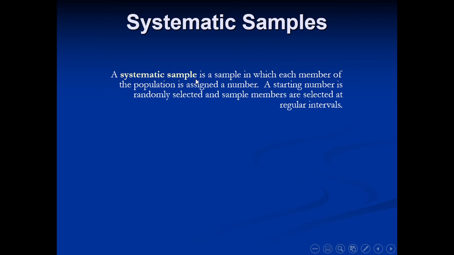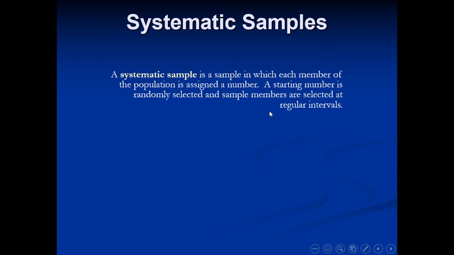Now systematic sample. A systematic sample is a sample in which each member of the population is assigned a number. A starting number is randomly selected and the sample members are selected at regular intervals. So again, systematic comes from system. System means there is order which must be followed.